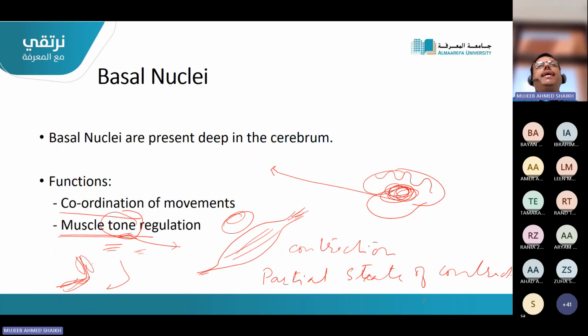If you are sitting, then your back muscles are contracted, your leg muscles on the flexor side are a little bit contracted, and on the extensor side may be a little bit relaxed. So this state of some contraction is known as tone. Partial means half, a part.